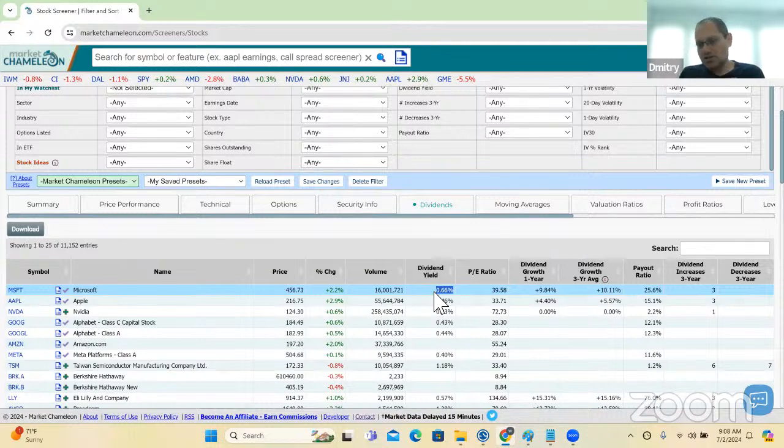So they take cash and then they give it to the shareholders, and the dividend yield is looking at how much cash was given to the shareholders. In this case, it's looking at the last year's dividend. We don't know what the next year's will be, but we could take a look at the last year's.